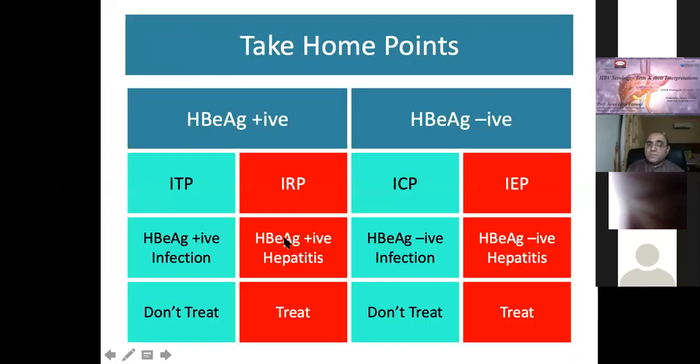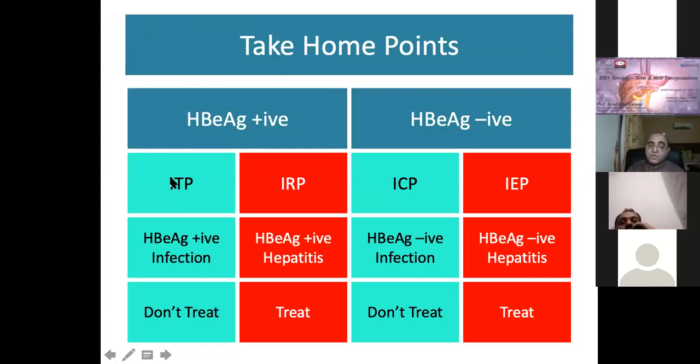So with this background, as I told you, the take-home points are that chronic hepatitis B has now been divided into two main phases. First is the HBe antigen positive phase, and the second group is HBe antigen negative patients. The HBe antigen positive patients in the past were either in the immune tolerant phase or immune reactive phase.